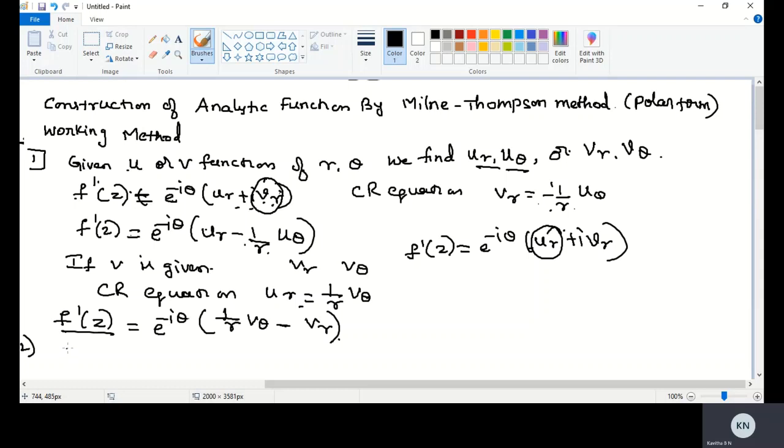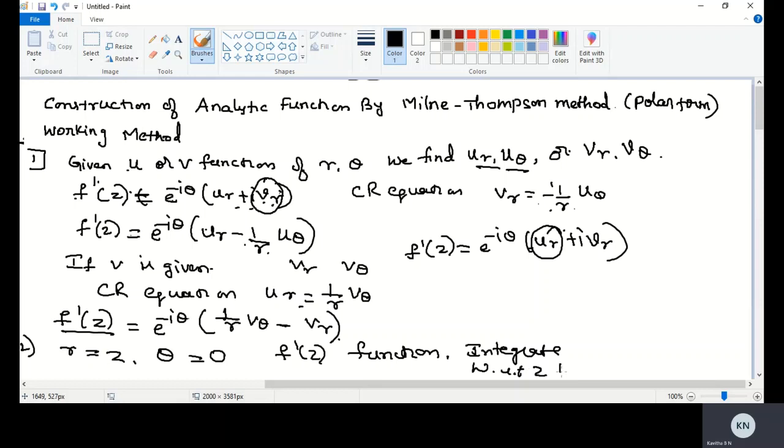Then next we need to find f of z. Means what we'll do, put r is equal to z and theta is equal to 0. Then you get f dash of z function. Then next integrate with respect to z. Then we get f of z. Understood? Find out f dash of z.